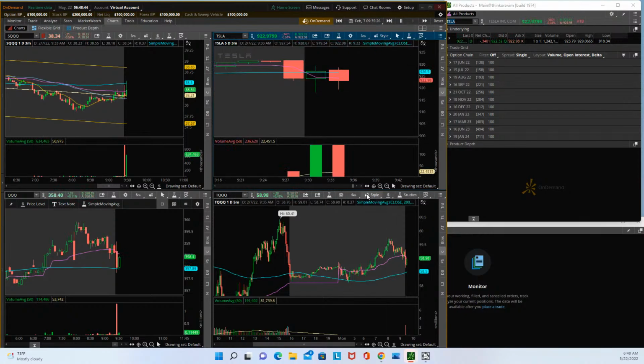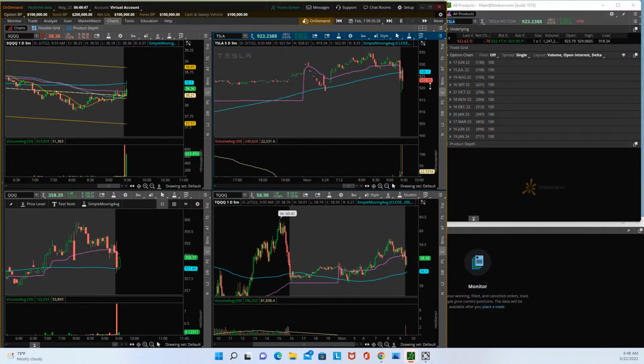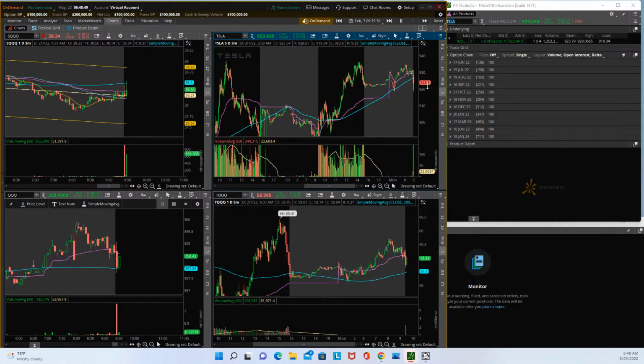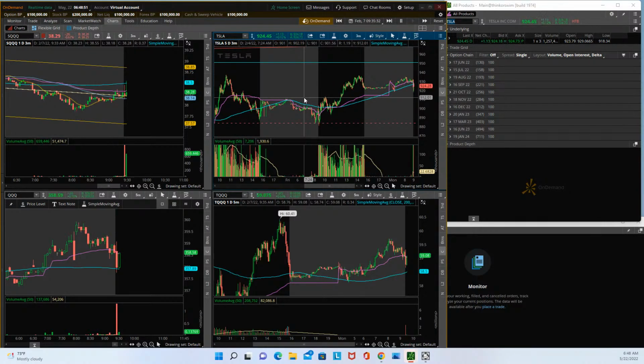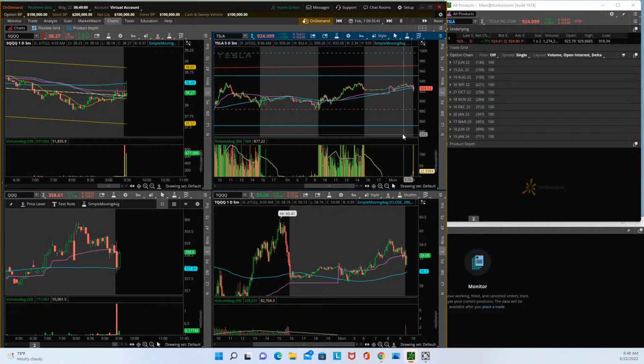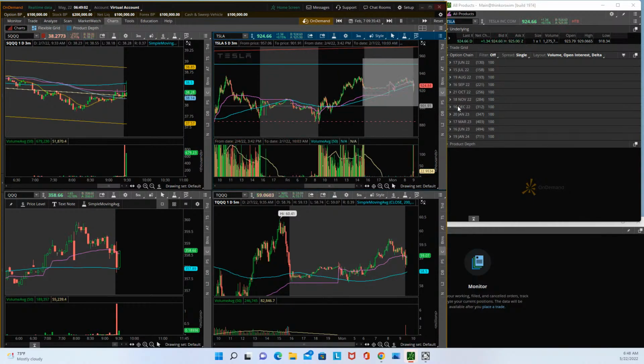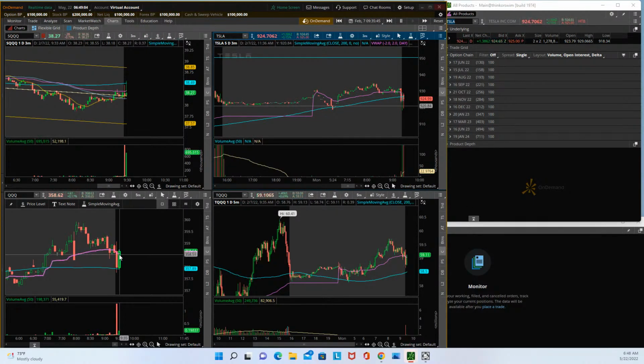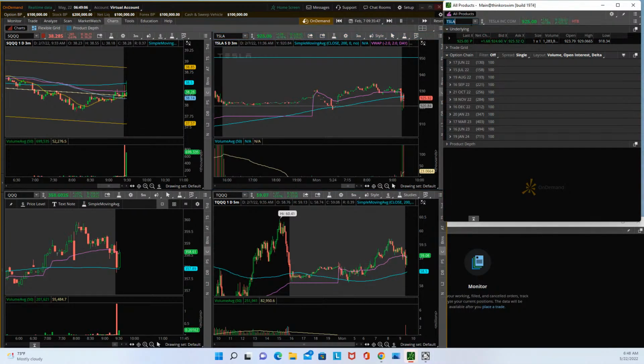Looking at Tesla. Same thing, 900s. Obviously those are a little bit expensive. 880. So 850 will probably be the one that I would consider getting. And here we are breaking a little bit above the 5 minute open.